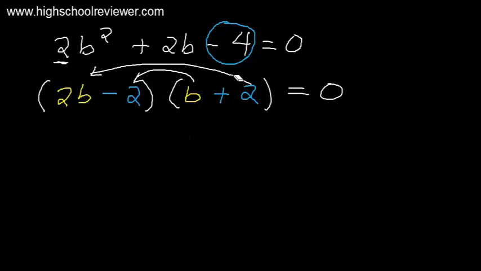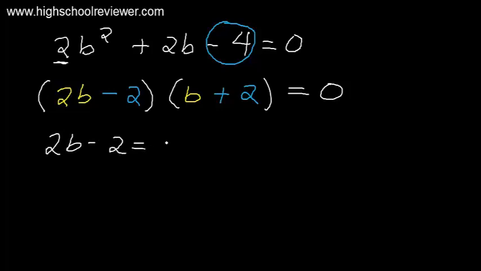So there will be two values for b, b sub 1 and b sub 2. Okay, so to find b sub 1, we will have here 2b minus 2 equals to 0. And to find b sub 2, we have b plus 2 equals to 0.